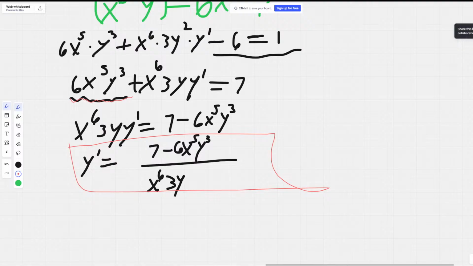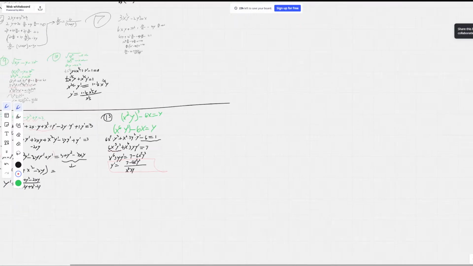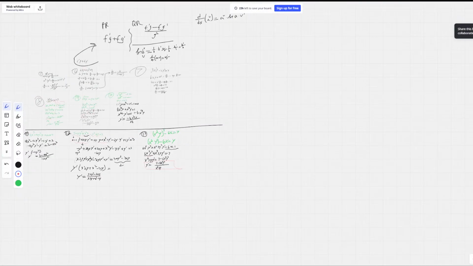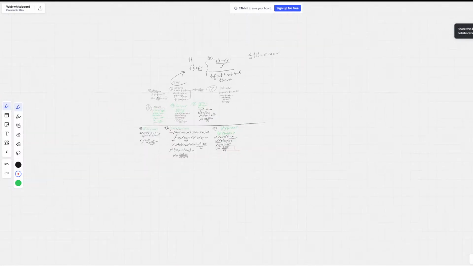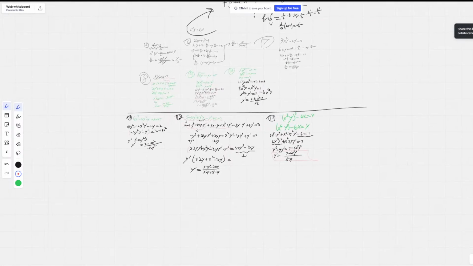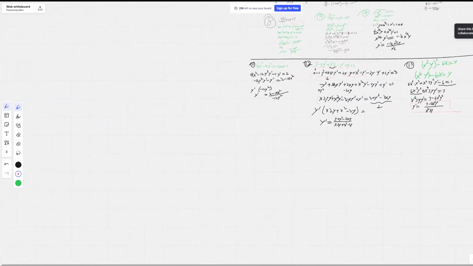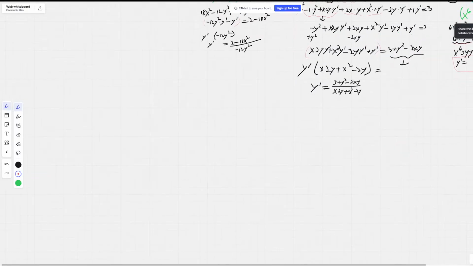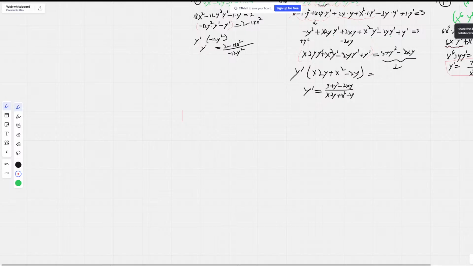Look at these scribbles. Guess I'll start on the second part. 13. 14.